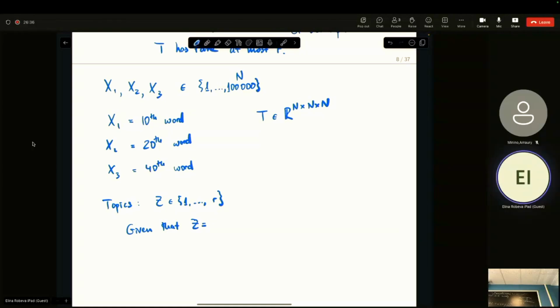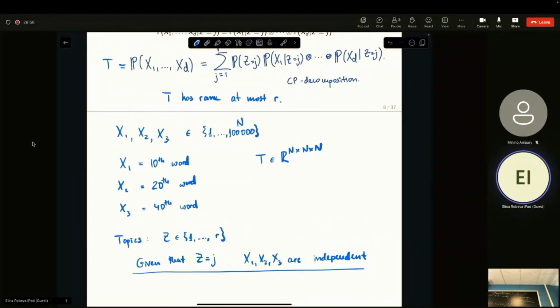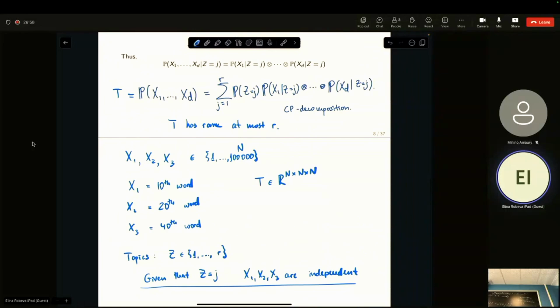Okay, so given that the topic z equals some j, let's say politics, then I want to assume that x1, x2, and x3 are independent. Just like before, given the topic, my variables are independent.